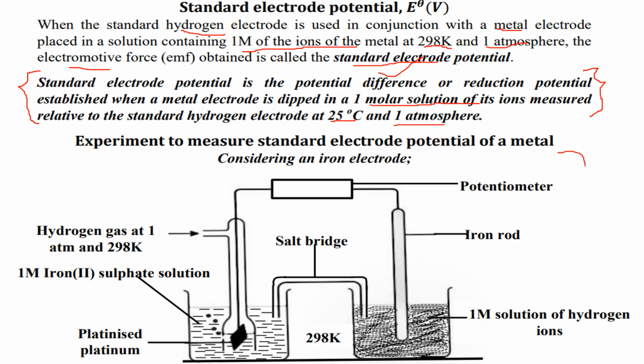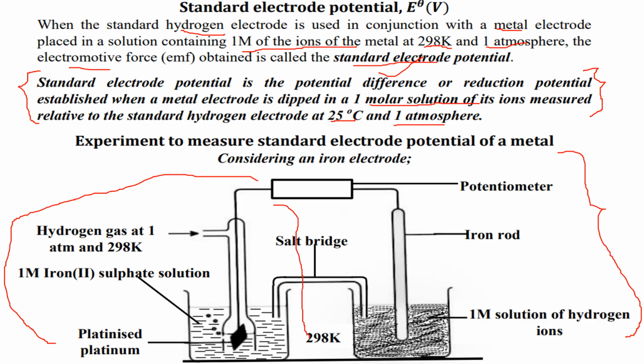Now the experimental setup is going to be according to the following. Here is the hydrogen electrode that you have already looked at. This is the hydrogen electrode. With the hydrogen electrode, it gets connected to a molar concentration of something that we are connecting it to.